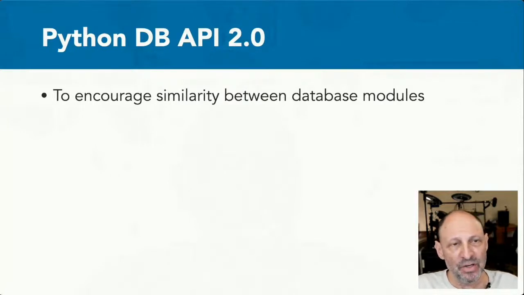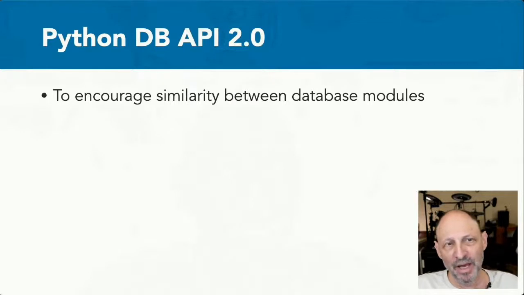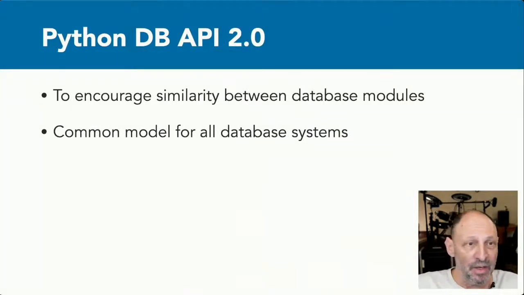Python uses a standard interface called DB-API to communicate with the database. The current version of the standard is DB-API 2.0. The purpose of the DB-API is to promote commonality among the interfaces so that each database management system more or less uses the same code to access data from Python.